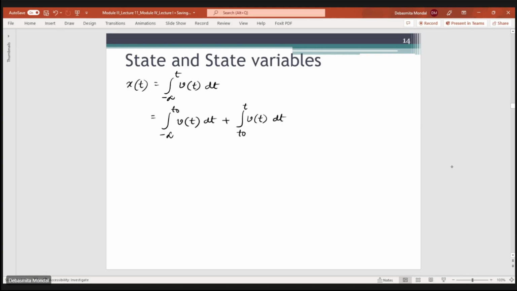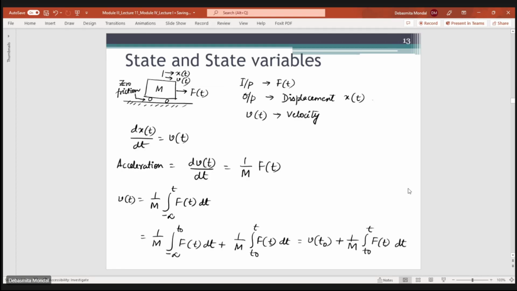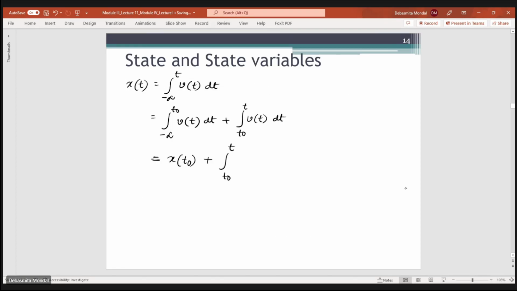The first part is nothing but x at t0, and for this part we simply substitute the value of v(t) which we got from here. So this is equal to v(t0) plus 1 by m integral of t0 to t of f(t) dt.